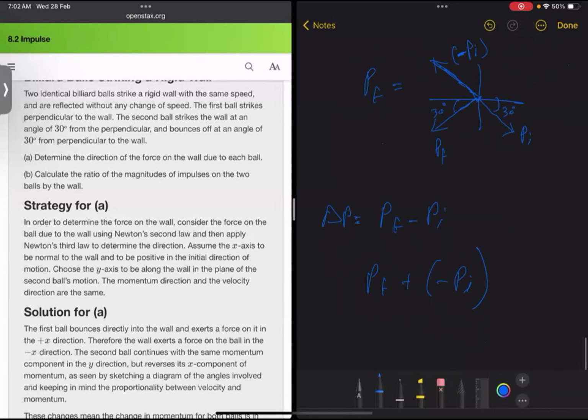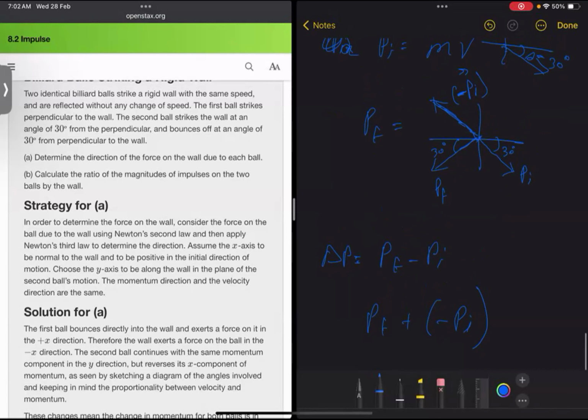So p_f minus p_i is actually p_f plus negative of p_i. So you will add these two vectors. They have the same magnitude, m multiplied by v. They are just at different angles. So this is at 30 degrees, and this is also at 30 degrees.